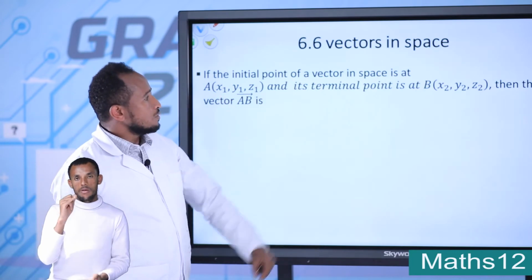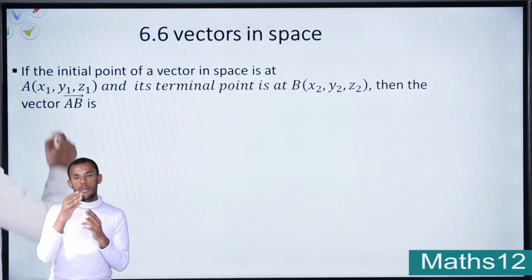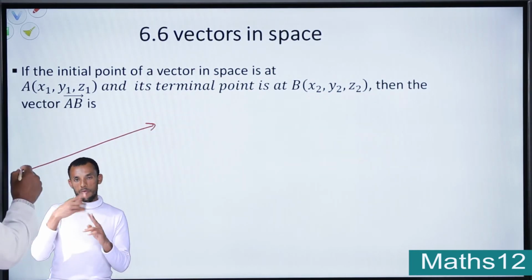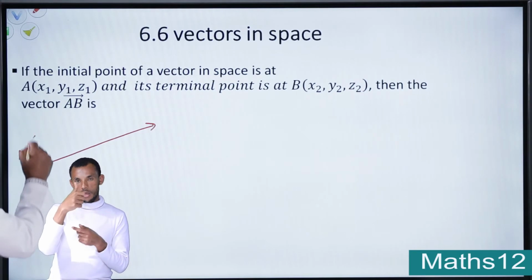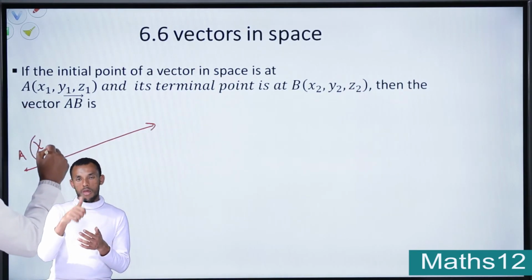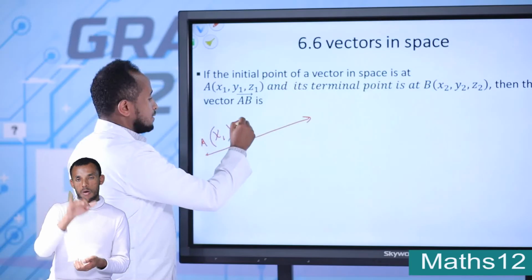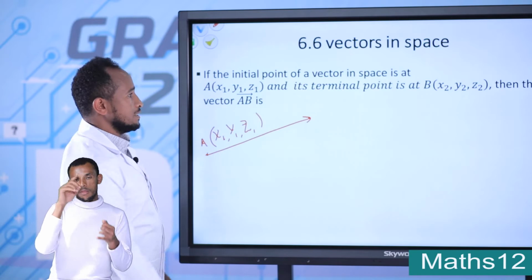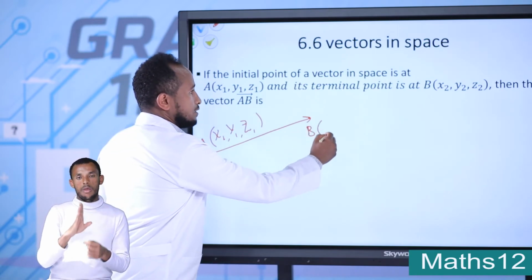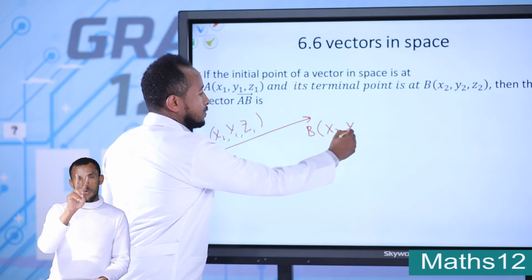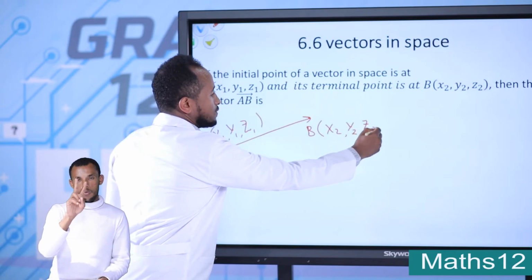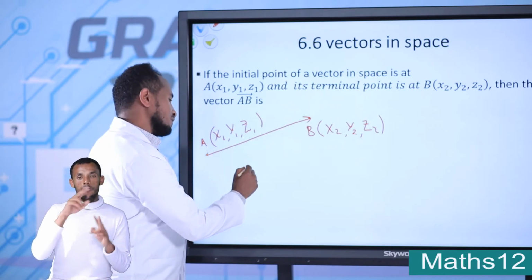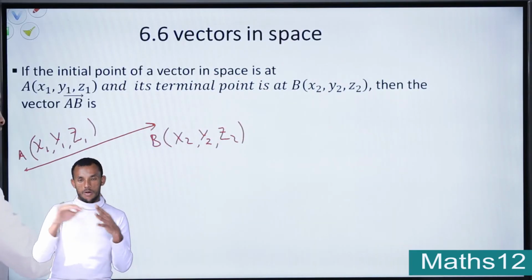If a vector in space has its initial point A at (x1, y1, z1) and its terminal point B at (x2, y2, z2), then the vector AB is written in coordinate form like this.